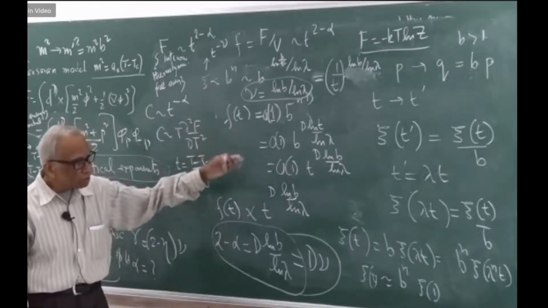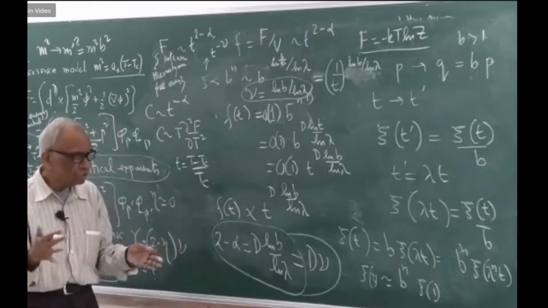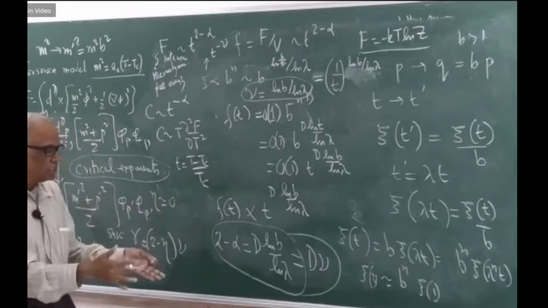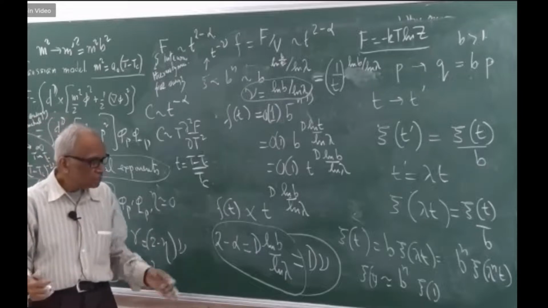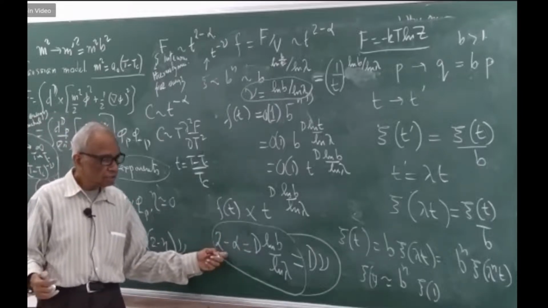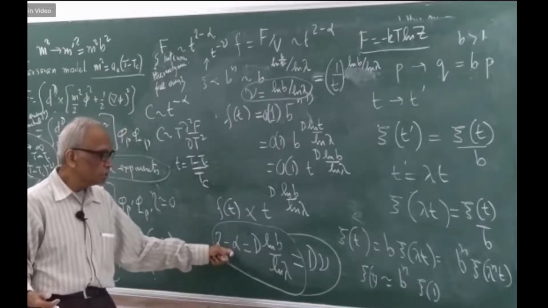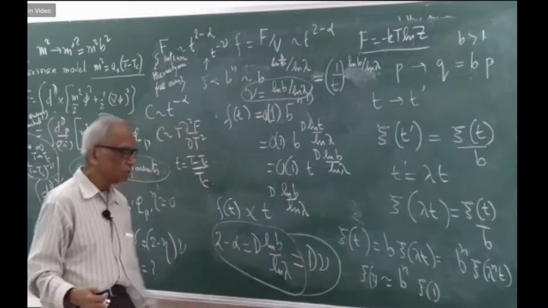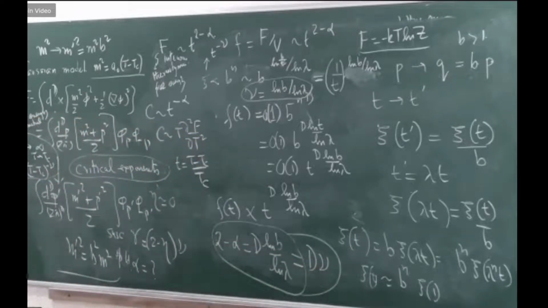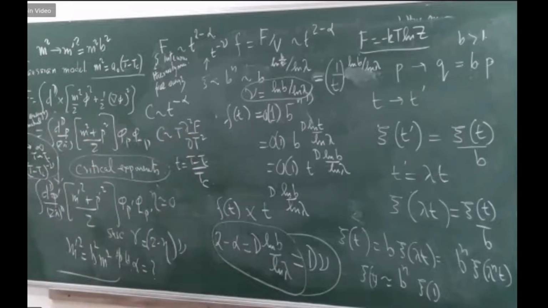The renormalization group transformation, which is essentially simply changing scales repeatedly, is telling you that 2 minus alpha is equal to d times nu. The specific heat exponent gets related to the correlation length exponent through the dimensionality of space.